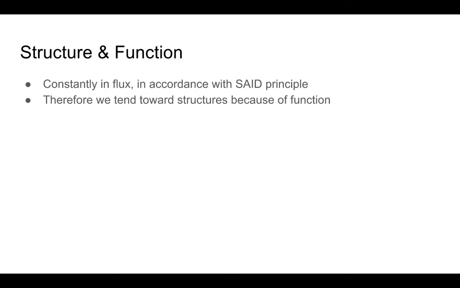Now, this is an interesting concept to wrap our heads around, that our structures are in fact dictated by the functions, A, that we do with them, but B, the functions that had selective pressure on them in our evolutionary context. Therefore, we see things like our arms are the structure they are because of the functions of reaching out through space.